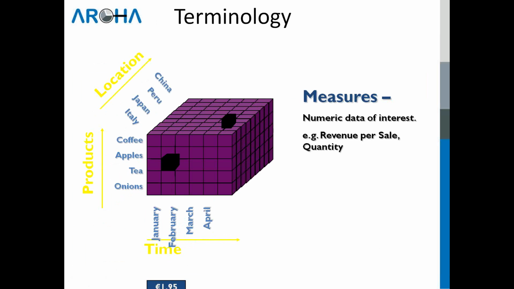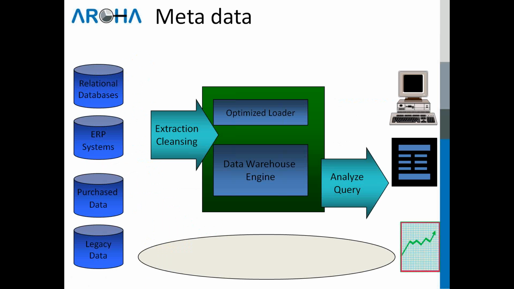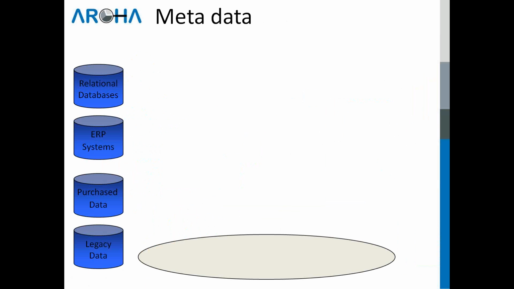Okay, so that's about the OLAP principles from the data warehousing perspective. Now, when it comes to metadata, we talked about so many various layers, so what does metadata really mean? On the left-hand side, you have the first layer, which we call the source system layer.